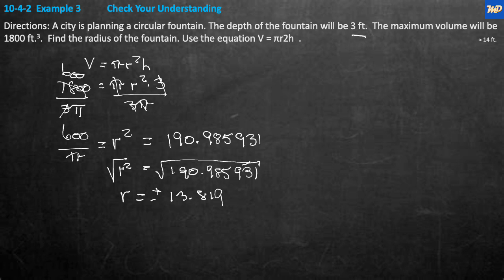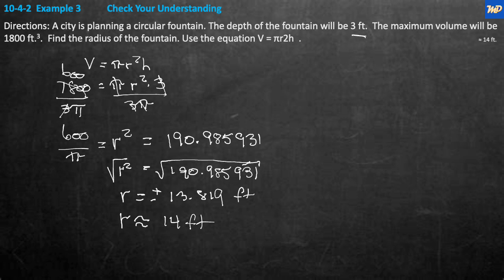And that's going to be feet, by the way. Okay? So I guess we can say it's 13.819 feet, or plus or minus, but we're going to say that r is approximately equal to 14 feet. Okay? That's the answer to that.